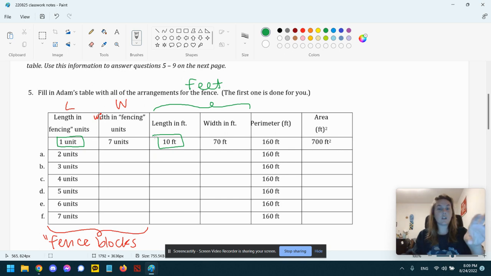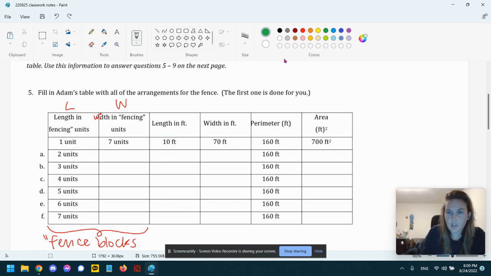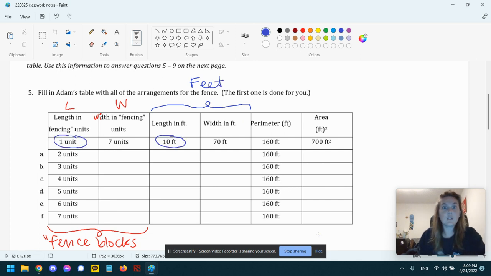So the red column and the blue column, I'm really not doing well with the green, colorblind is the most common one, we'll do blue. The red column and the blue column are saying the exact same things, just with different units. The first two columns are in fence block units, and the blue ones are in actual feet.